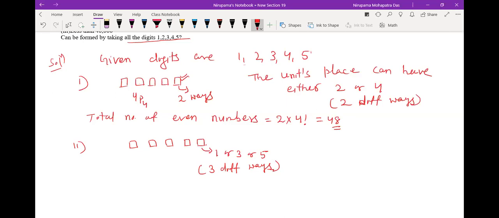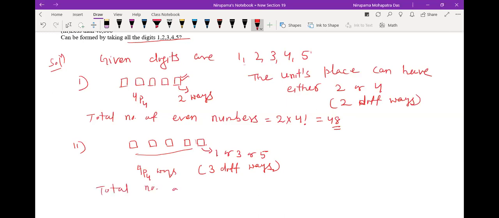So after keeping one of these 3 here, you are left with 4 remaining digits, and of course remaining 4 places. So that can be done in 4P4 ways.